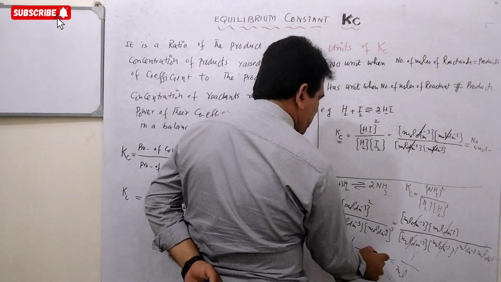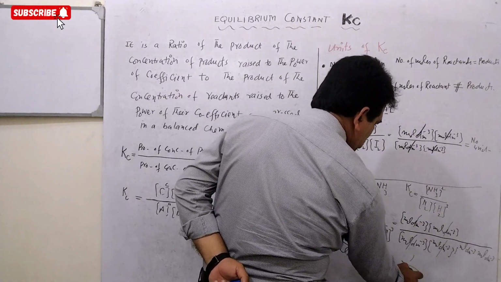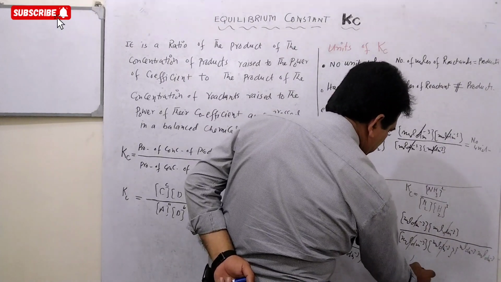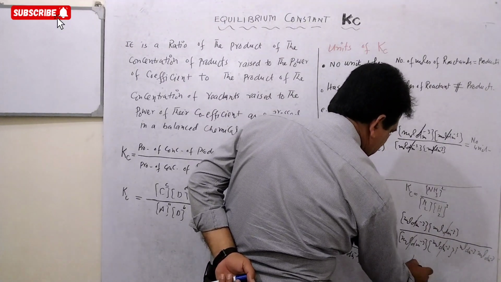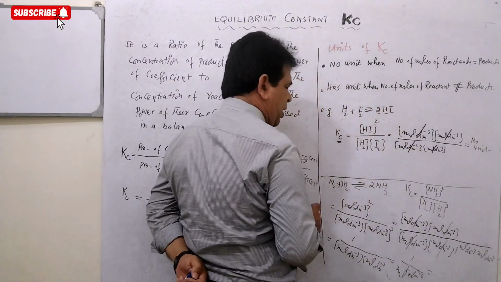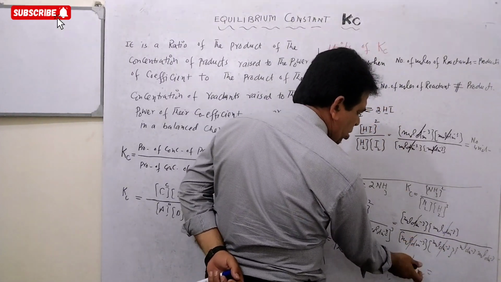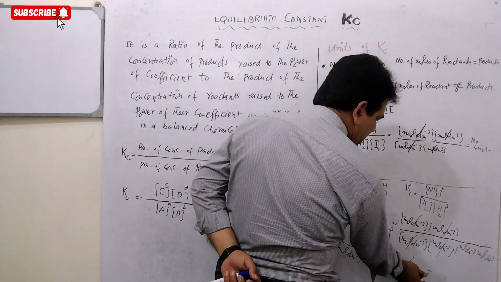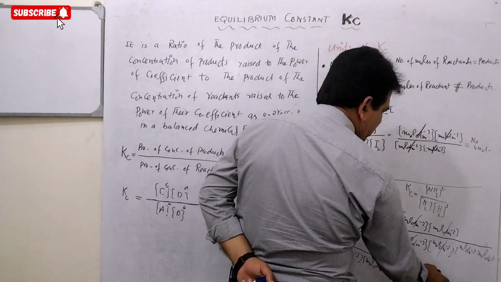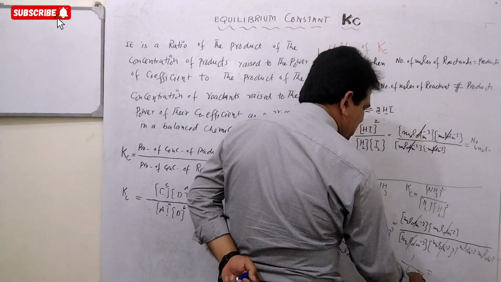This power will be added: mole power 2 and decimeter power minus 6. Now we can cancel the inverse of this expression, and mole will be taken on the upper side, and similarly the per decimeter cube will also be taken on the upper side. Inverse will be cancelled.